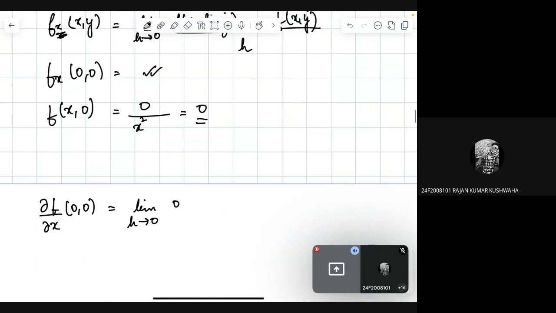So this becomes 0 minus 0 divided by h, which is equal to 0.